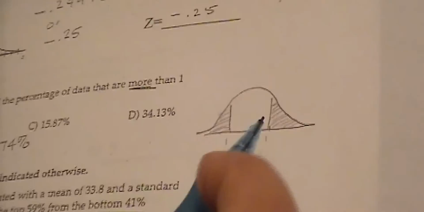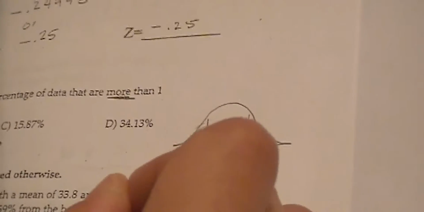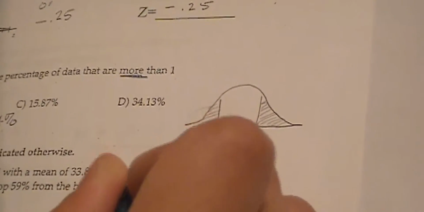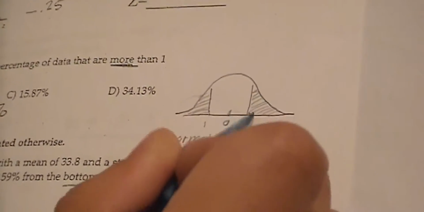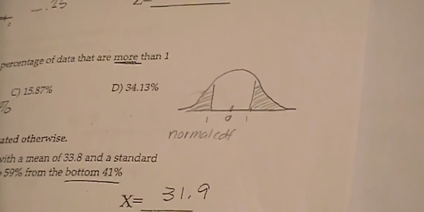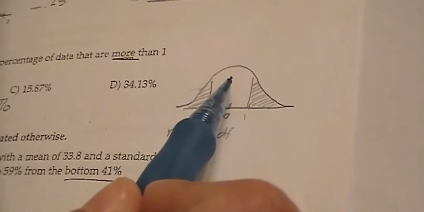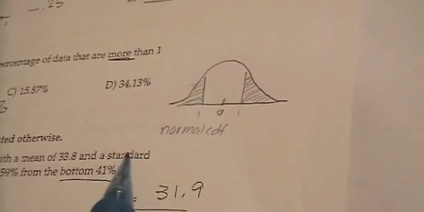Anytime you're trying to find the shaded region on the inside, you know it's going to be a normal CDF question. And then you can either do normal CDF for this piece and then normal CDF for this piece and add them together. Or you can do normal CDF for this middle piece and then subtract that from 1. Whichever one you prefer.